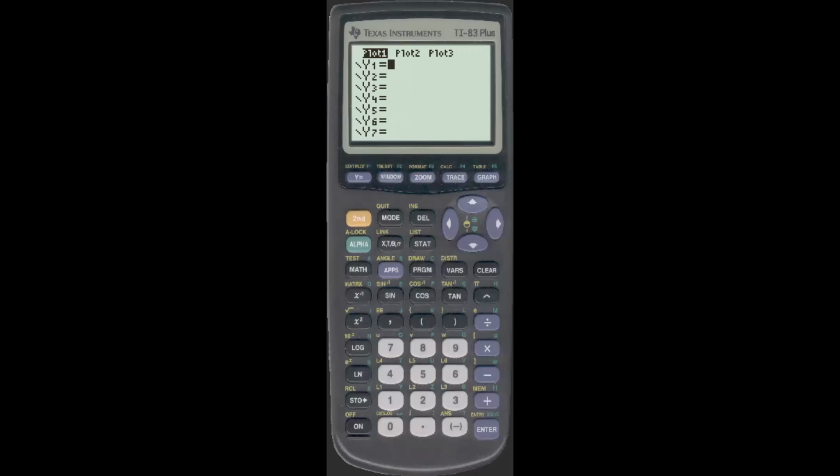I'm going to go to y equals, and I'm going to type in the equation 0.017 x cubed minus 0.508 x squared plus 5.604x minus 13.364. I'm going to graph this, and what you want to do is add this curve to your graph.